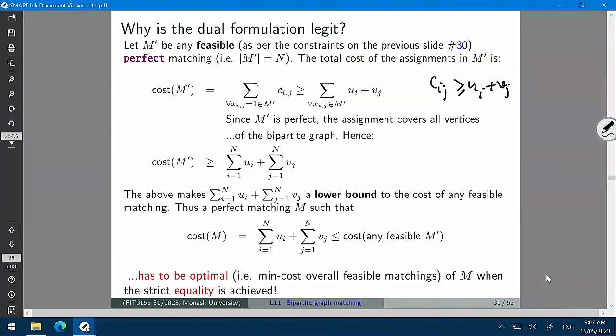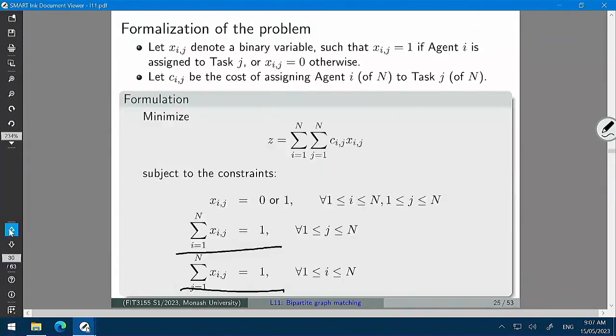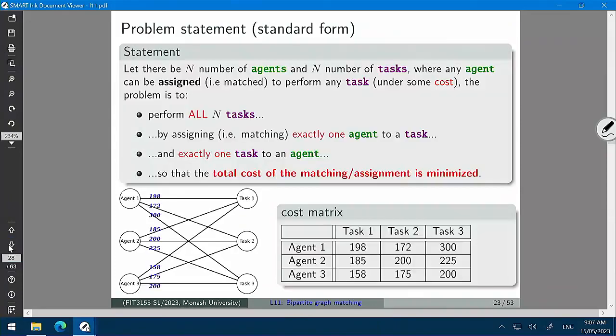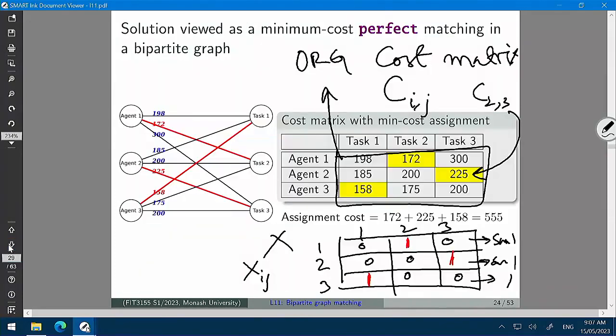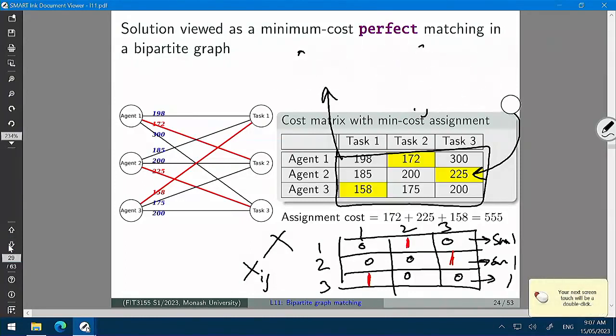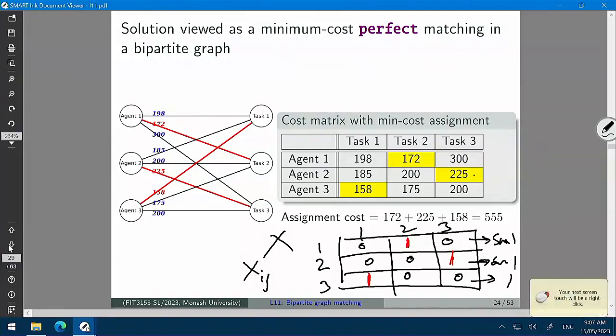Let's actually look at an example to get that intuition clearly. Okay, let's go to this example. Let's look at that assignment there.